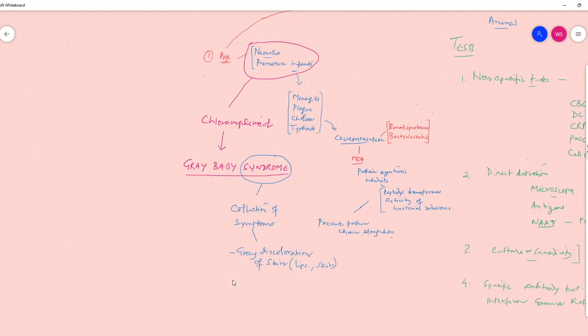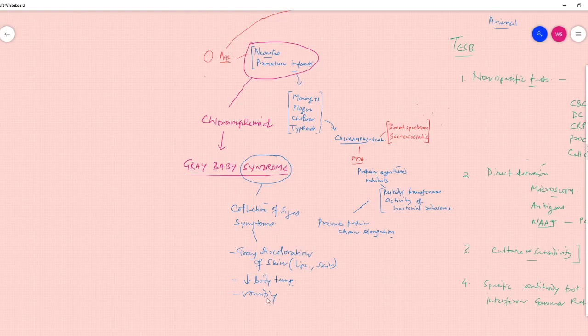Okay. And there is decrease in body temperature. There is vomiting. Collection of signs and symptoms. Okay.